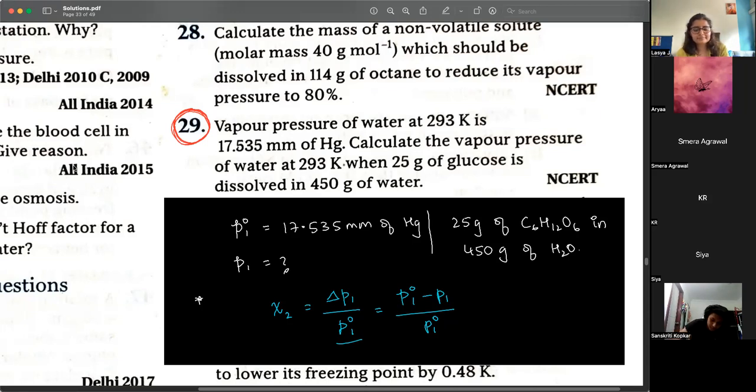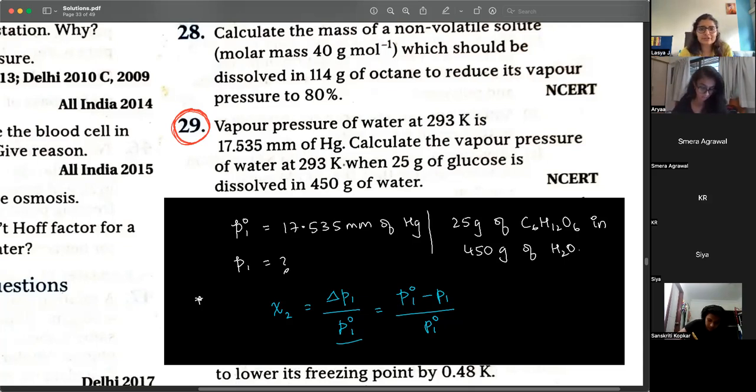Yes, Arya got it. It's a little calculation heavy, but simple. Smera, when you're given 17.535, try and round it off to 3 decimal places.